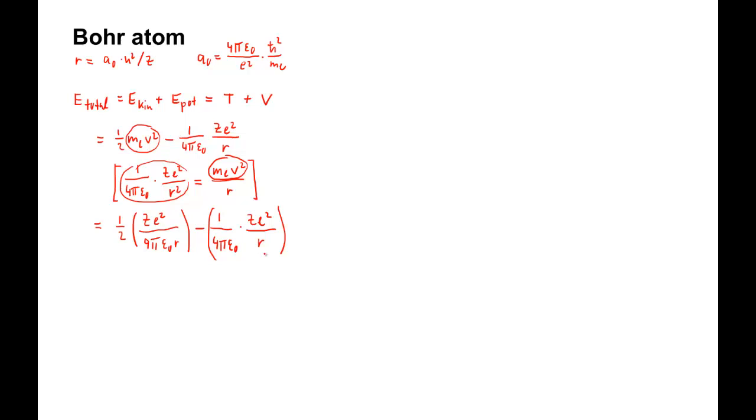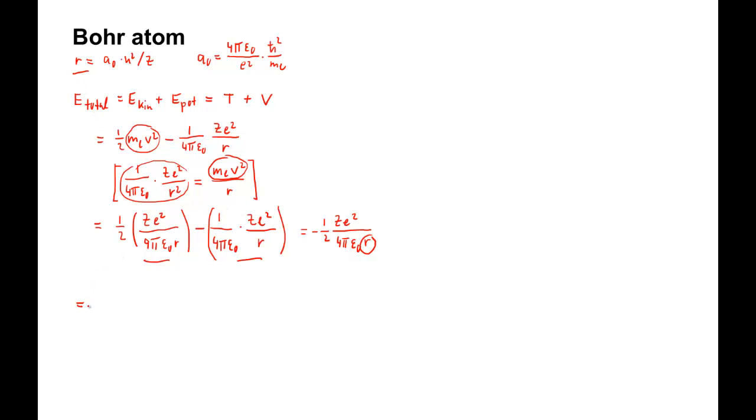The two expressions in the parentheses are identical. So therefore we get in the end minus 1/2 times Z e squared over 4 pi epsilon 0 r. Now let's substitute in r from our first expression on the top left.